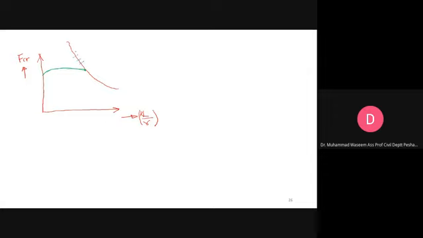So you cannot use the Euler formulation to estimate the critical stresses in the inelastic range. This is the proportional limit, so there is a division between the elastic and inelastic region. This is representing the elastic region and this is representing the inelastic region.